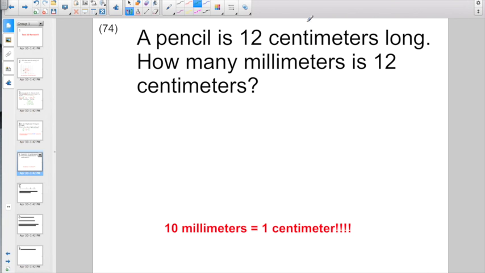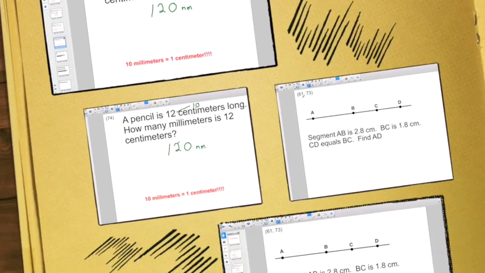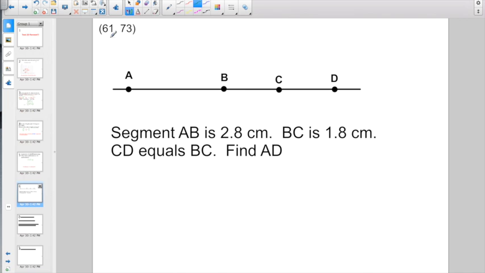So you got to think of this as 12 groups of 10 because there's 10 millimeters. 12 groups of 10, 12 times 10 would be a grand total of 120 millimeters.